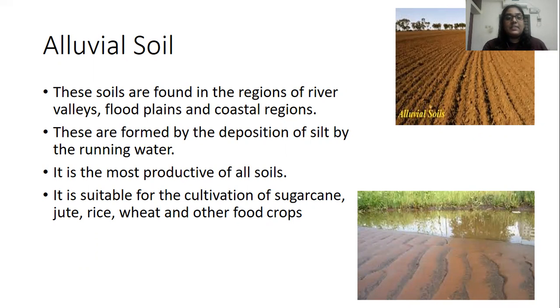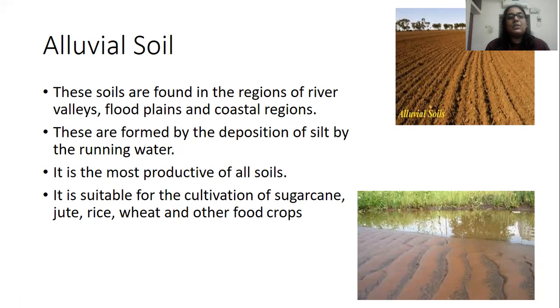And how is alluvial soil formed? These are formed by the deposition of silt by the running water. So when the water runs in a river or the sea, this water deposits some silt, some soil particles on its banks, and thus alluvial soil is created. Remember, alluvial soil is formed by the deposition of silt by the running water.